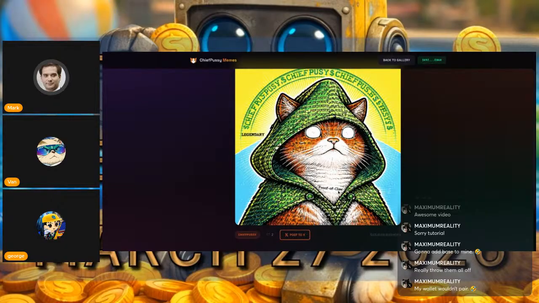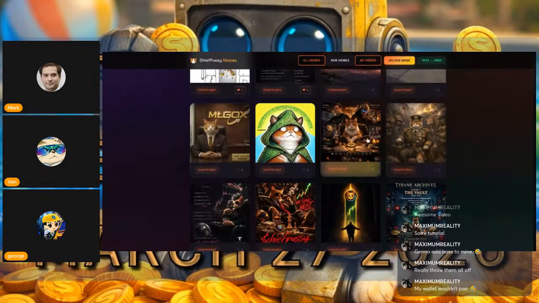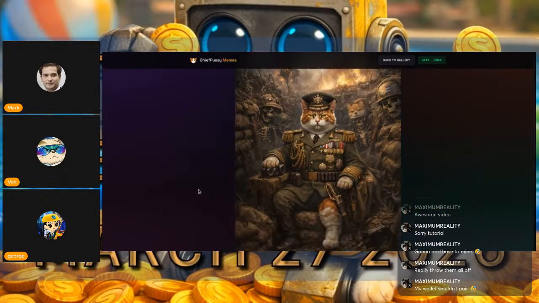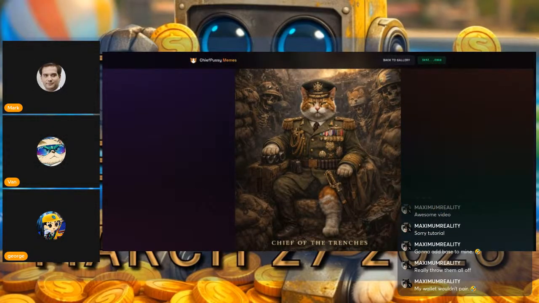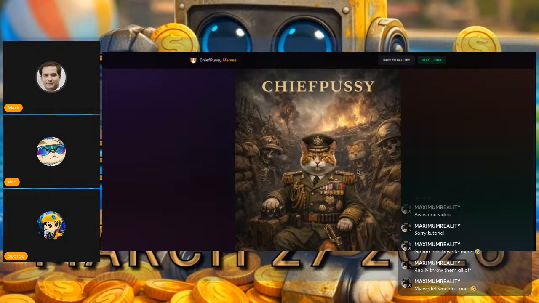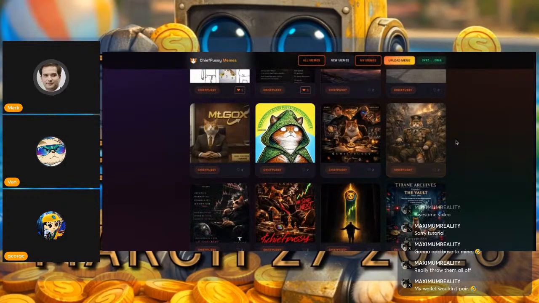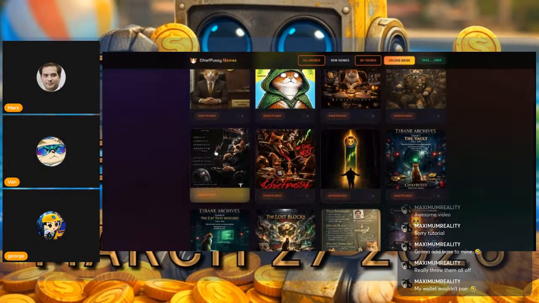Proof of claw. That's funny. You see this one? Chief of the trenches. Oh, he's got the helmet, that's a nice detail. He's got the Shiba Inu helmet on. That's funny.